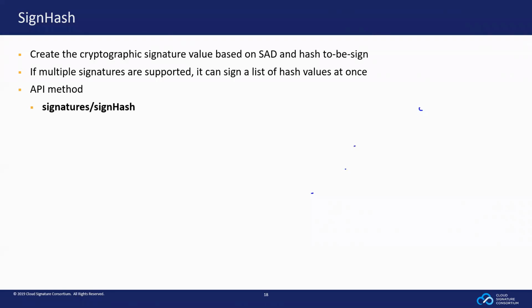So this is, of course, not officially part of any CSC, any consortium official document, because this is our own profile of the CSC, what we expect a provider to implement.